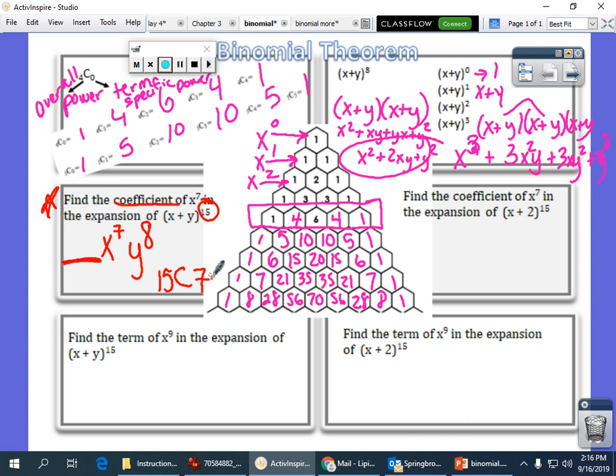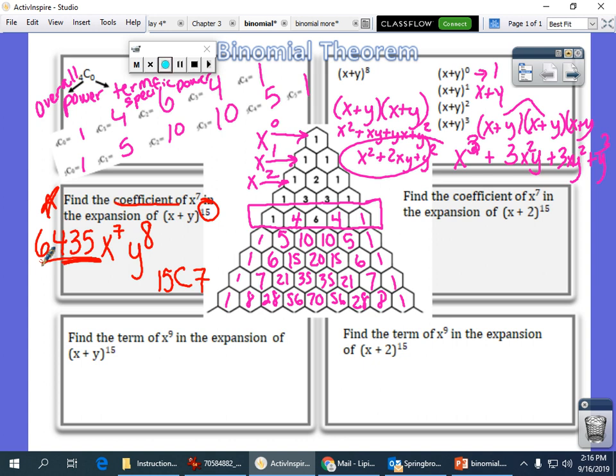Come on, pull out those calculators. Unless you want to do 16 rows of Pascal's, because 15 is the 16th row. What is it? Bam, you did it. Was it that scary? Yes? All right, then let's look at it a different way.